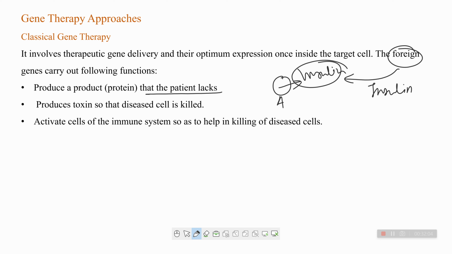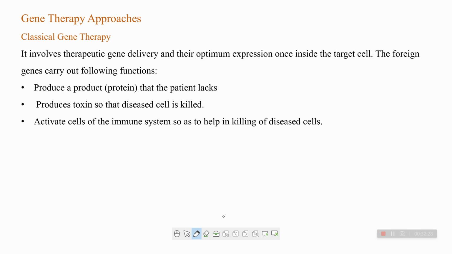Second, it produces a toxin so that the disease cell will be killed. Third, it activates cells of the immune system to help in killing the disease cell. Overall, our target is what? Overall, our target is to stop or cure the defective gene which causes the disease, right?